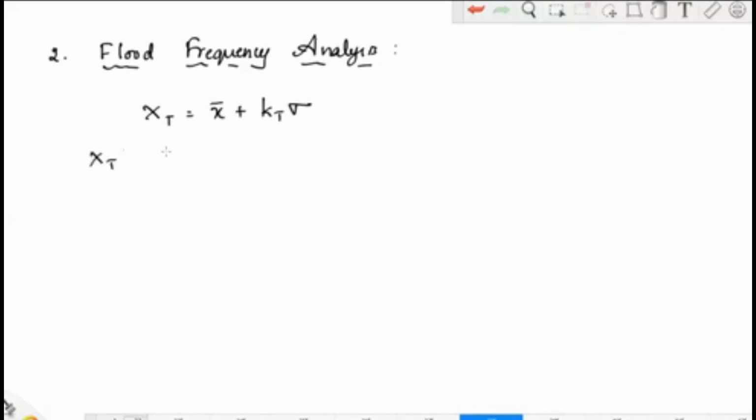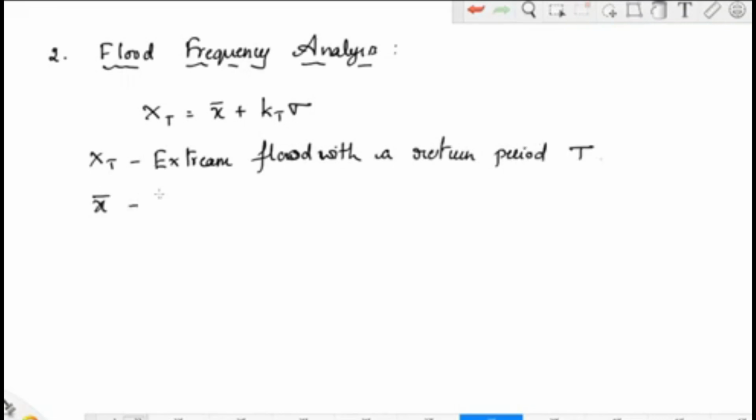XT is the extreme flood. X bar mean flood. KT frequency factor. Sigma standard deviation.